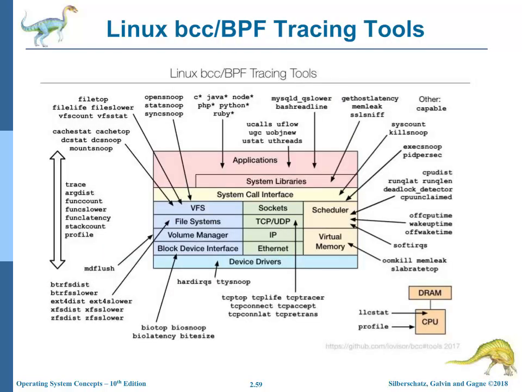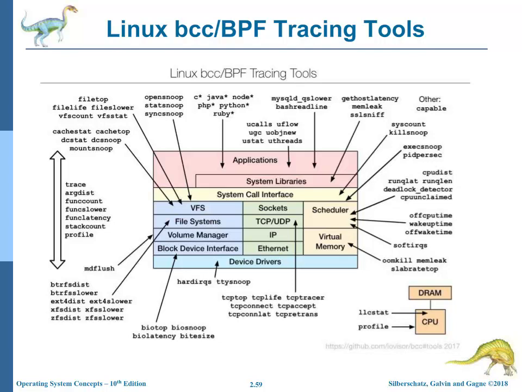What makes BCC especially powerful is that its tools can be used on live production systems that run critical applications without causing harm to the system. This is particularly useful for system administrators who must monitor system performance to identify possible bottlenecks or security exploits.